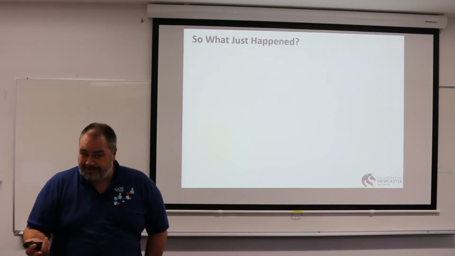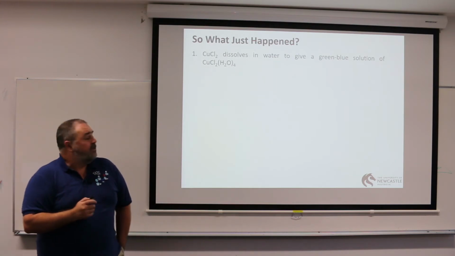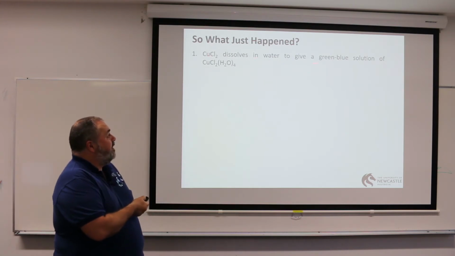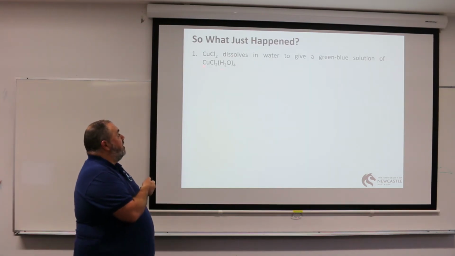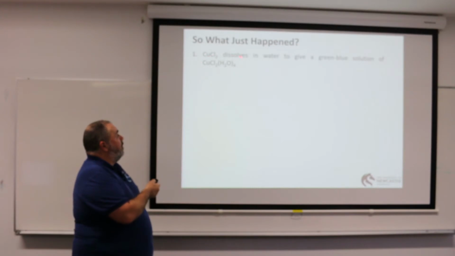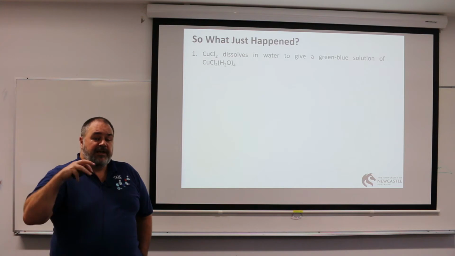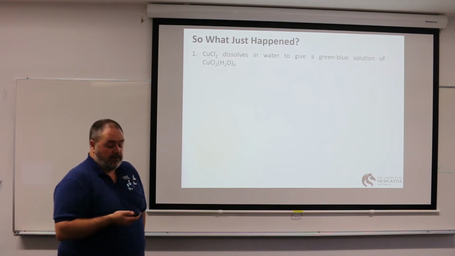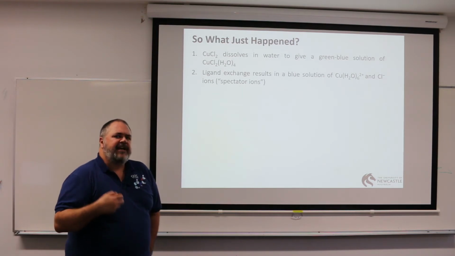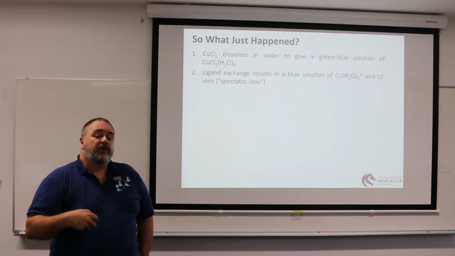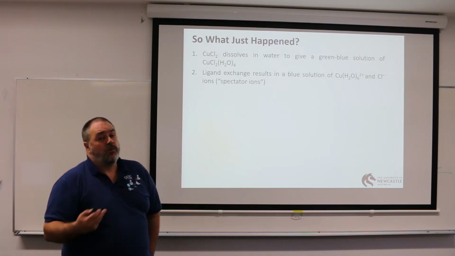Alright, so that was interesting, but what actually happened? The first thing that we observed is that we dissolved the copper chloride and got a green-blue solution. This green-blue solution is the formation of the solvated copper chloride, so we have 2 chlorines and 4 water molecules in the coordination sphere of the copper ion. As it dissolved more fully, we got a blue solution, and this is due to ligand exchange between the chloride ions and water.